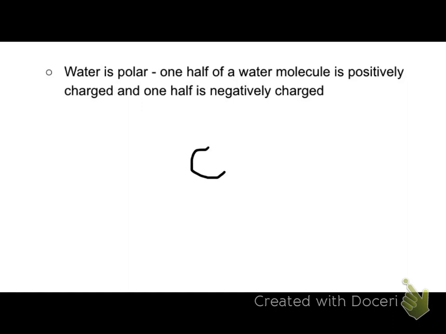So a water molecule is one oxygen bonded to hydrogens. And the reason they're connected is because of electrons. So the hydrogens have electrons and the oxygen has electrons.